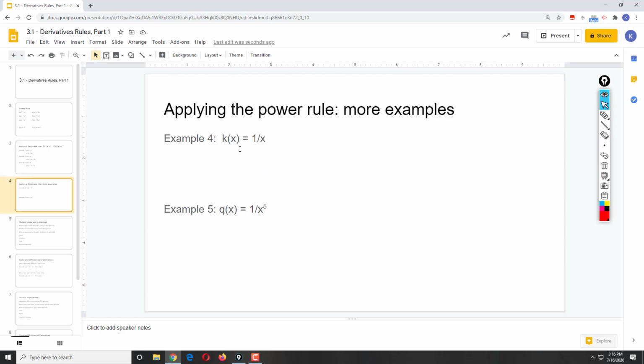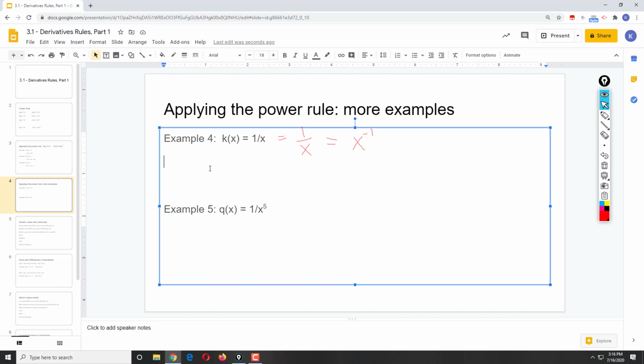A couple more examples. k of x equals 1 over x. What really helps us is to remember that 1 over x is the same as x to the negative 1 power. So now we can apply the power rule. It works the same way. For k prime of x, if the power is negative 1, the negative 1 comes out in front.